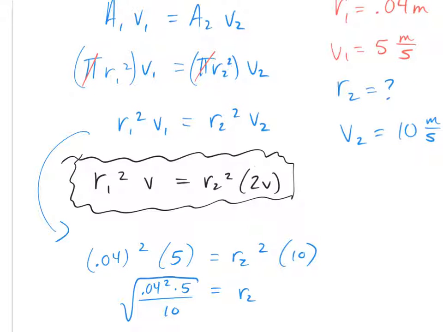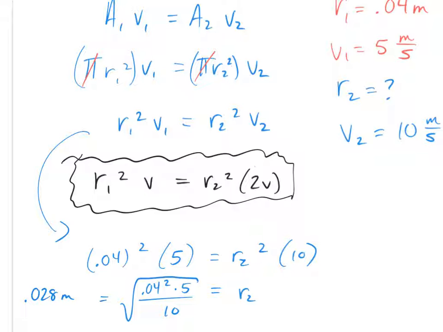And that's what R2 would end up becoming. 0.04 squared times 5 divided by 10, take the square root. Come on. Go for it. I got 0.028. Good.